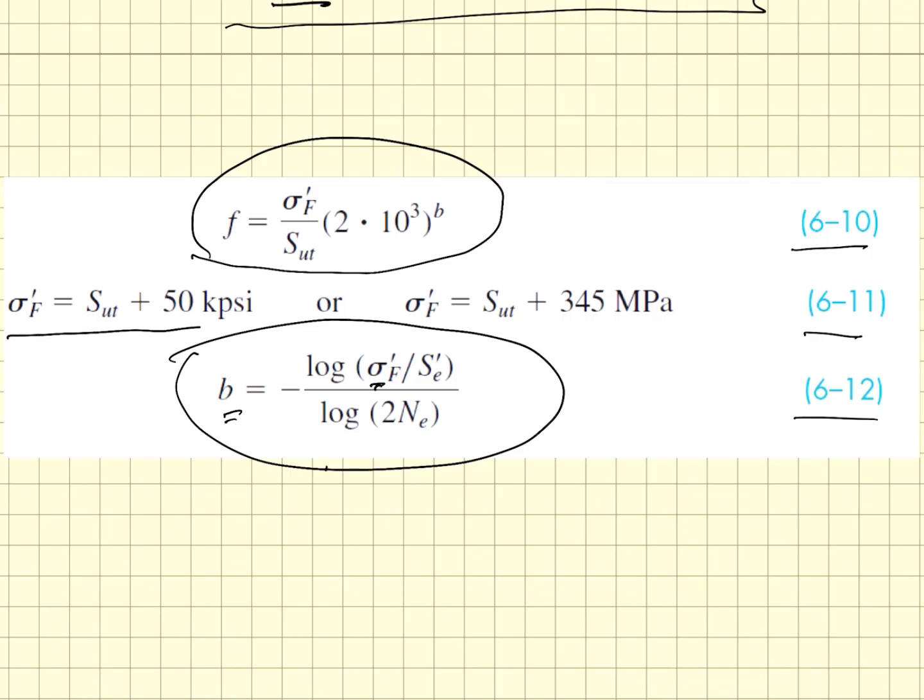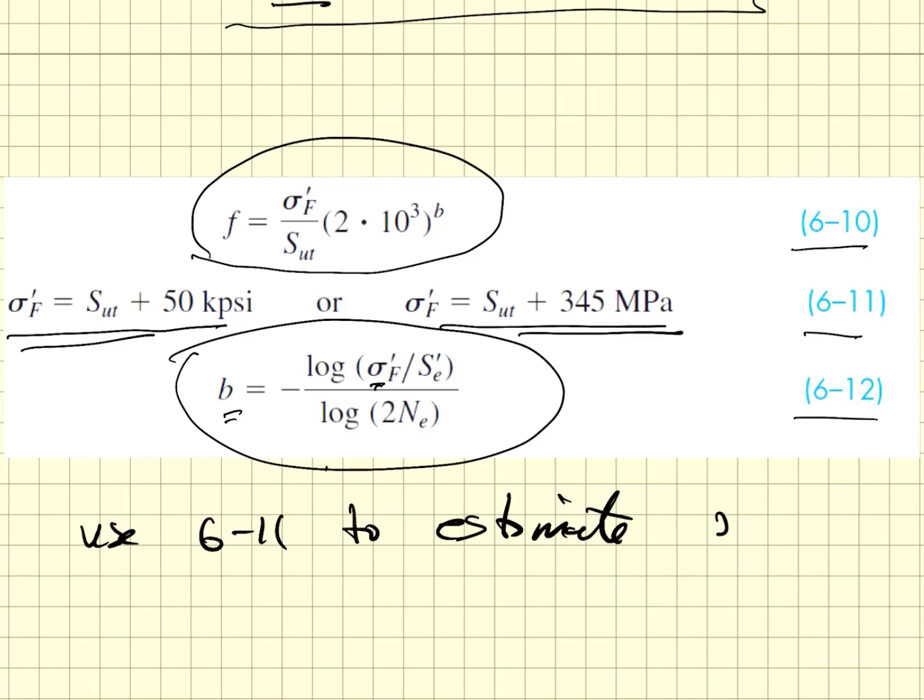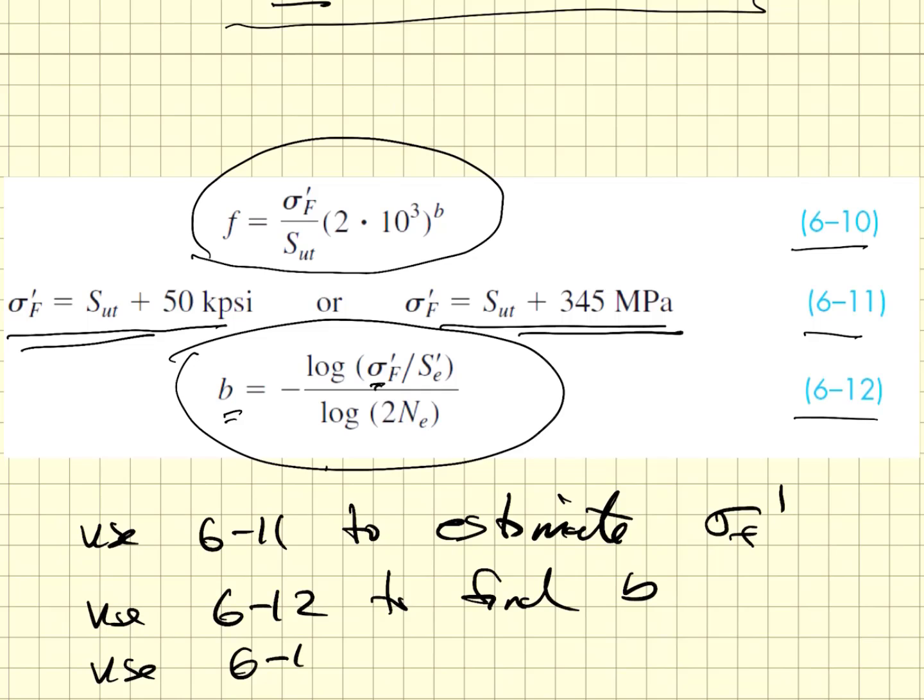The SAE estimates of sigma F prime in English and metric units are given by equation 611. So use 611 to estimate the true strength at fracture. Then use 612 to find the exponent B, then use 610 to find F. And that is exactly what I did in my spreadsheets.